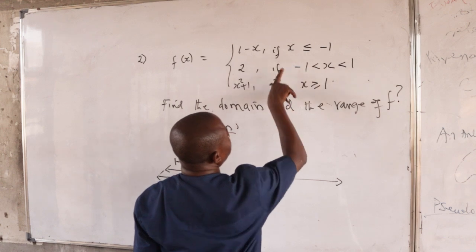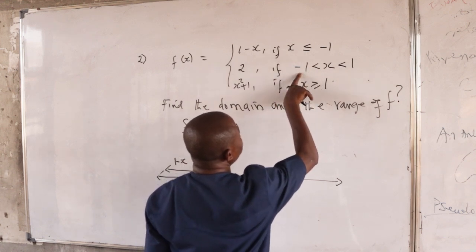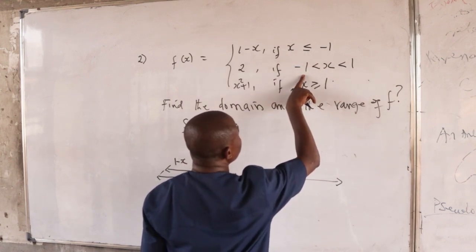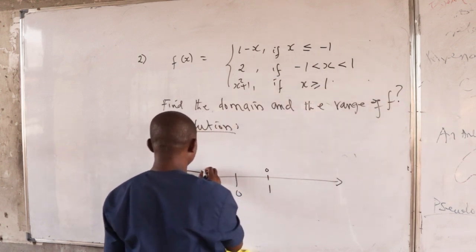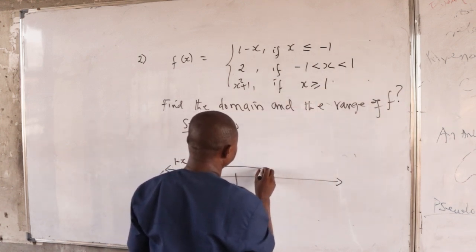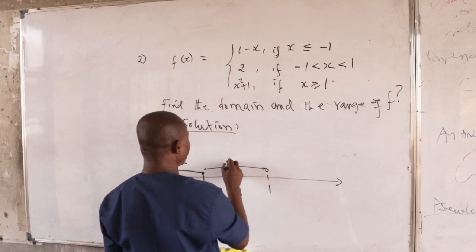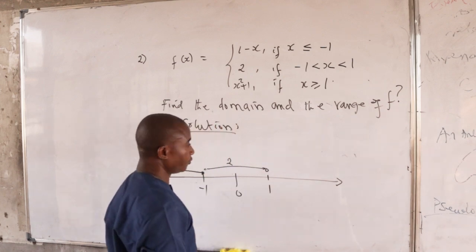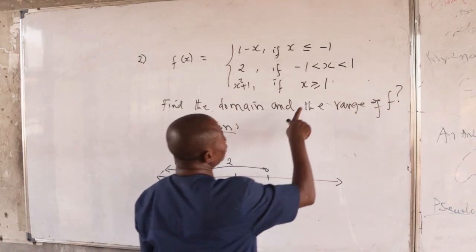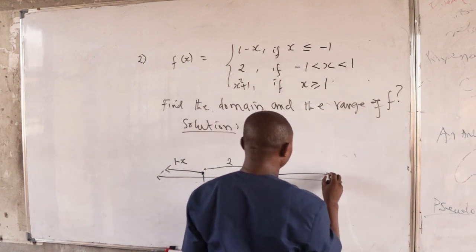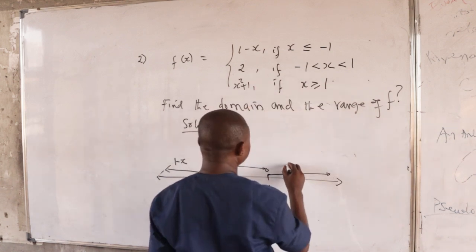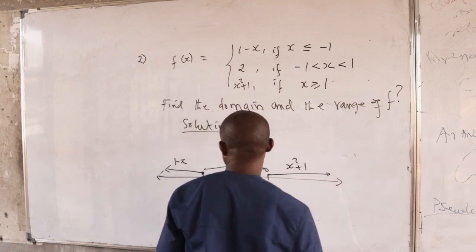For x between -1 and 1, excluding -1 and excluding 1, so I am here. Between here and here, the value of our function is 2. So our function is the constant function 2. For x bigger than or equal to 1, that means from here to plus infinity, the value of our function is x squared plus 1.